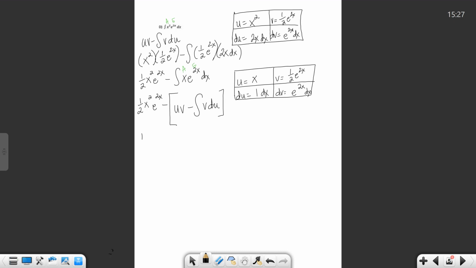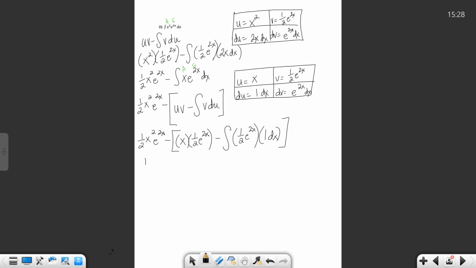Okay, so we've got 1/2 x squared e to the 2x minus, uv minus the integral of v du. Okay, so now as I simplify this next line, I'm going to distribute that negative.